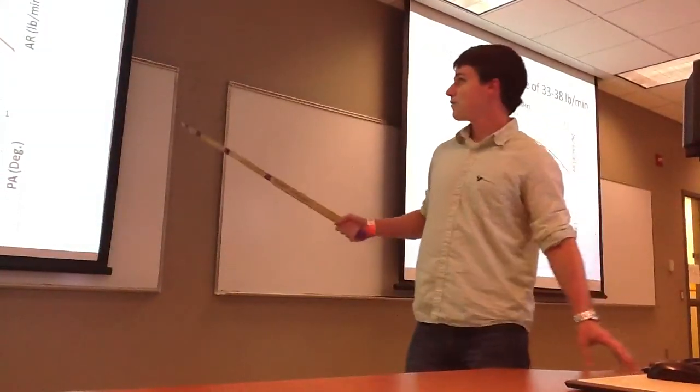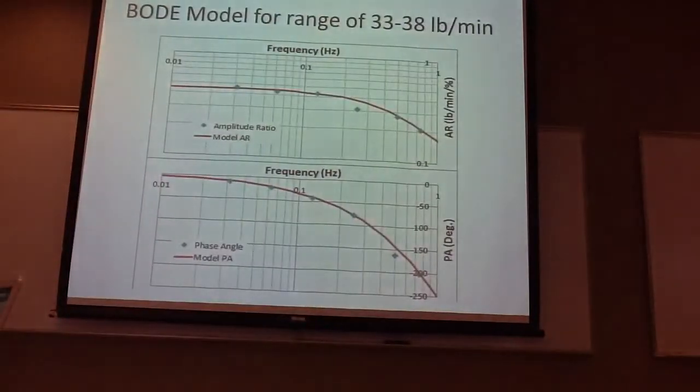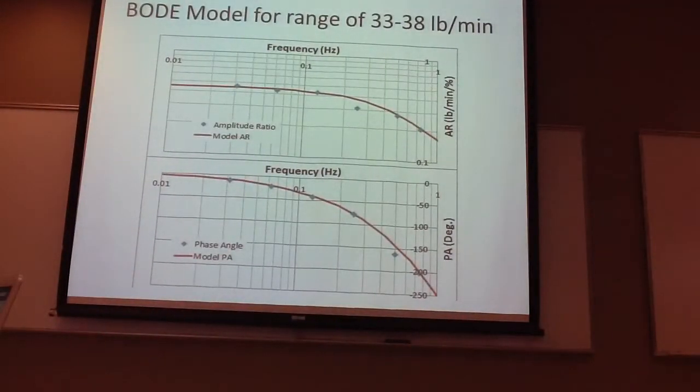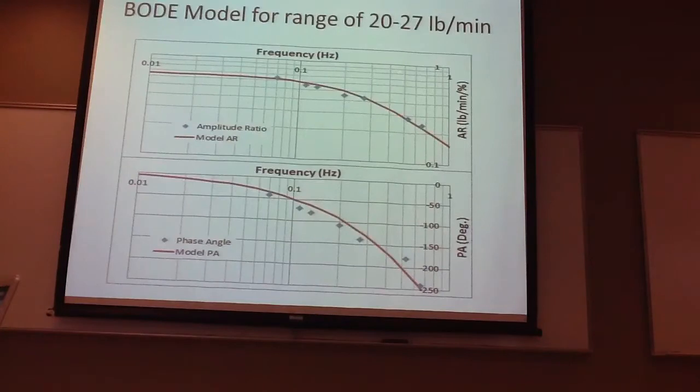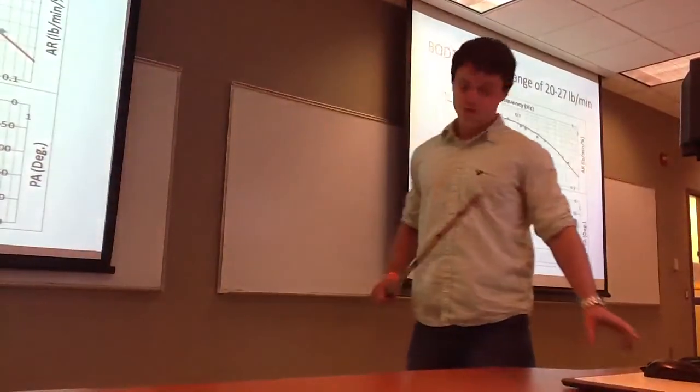That's for the high range, 33 to 38 pounds per minute, and it turned out about the same. And this one was for the low range from 20 to 27 pounds per minute, and it also turned out to fit pretty well.